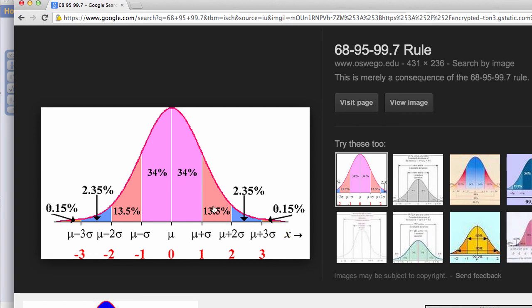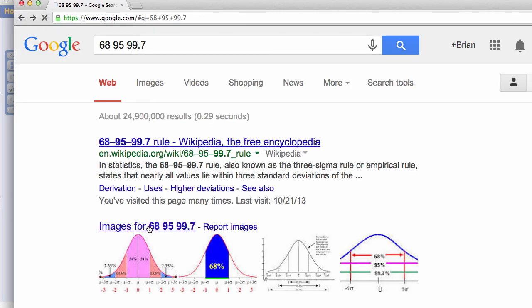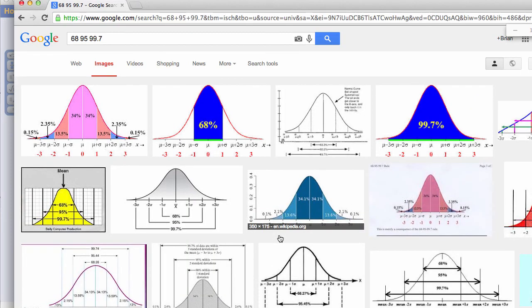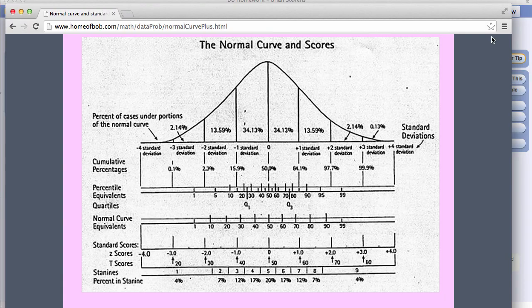Another great thing to do is to look at the cumulative percentages. And there is one in Google that has the cumulative percentages. Let's find it real quick. If you'll notice here on this normal curve, they've labeled out the percentages for you. It has tons of info. It even has for you where the Q1 and Q3 would be in the box plot. Looking right here, we can see the percentages between, and this one is more exact than ours would be.